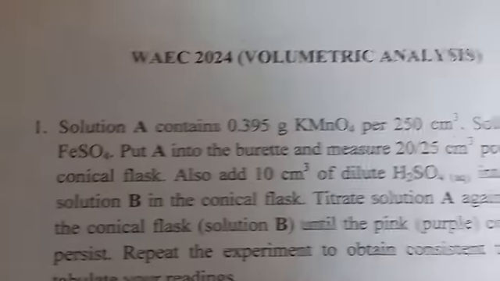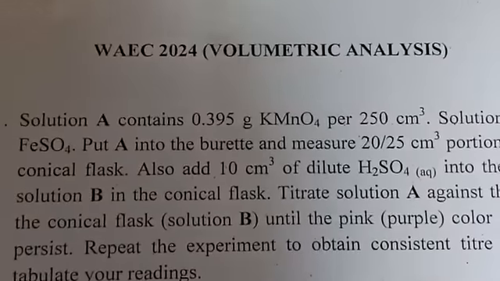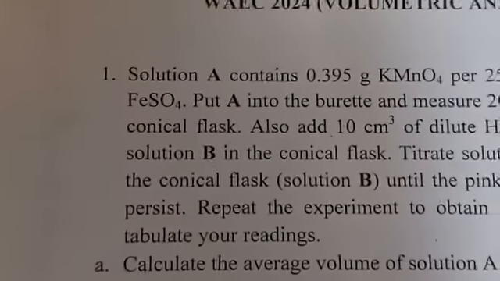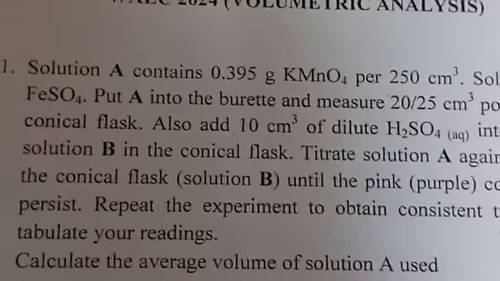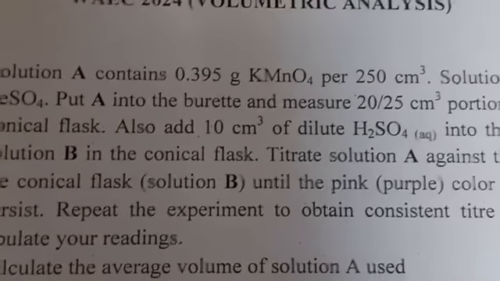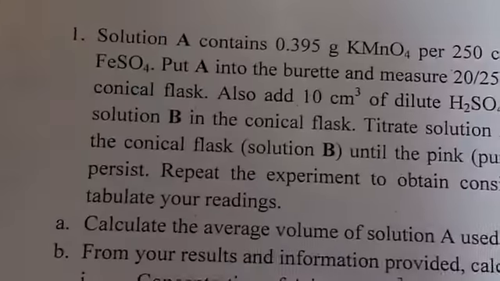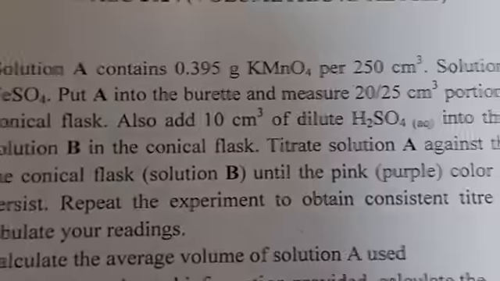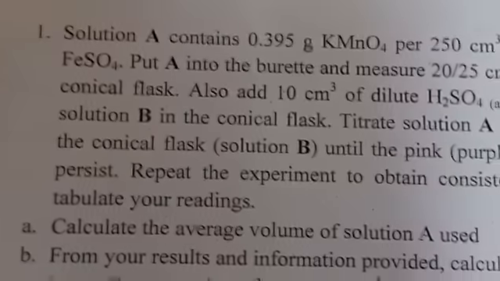Now we'll start with the question. We have a speculated question for this year's 2024 May June WAEC examination. Number one says solution A contains 0.395 grams of potassium permanganate per 250 cm cube. Solution B contains iron sulfate. Put A into the burette and measure 20 or 25 cm cube portions of B into a conical flask.